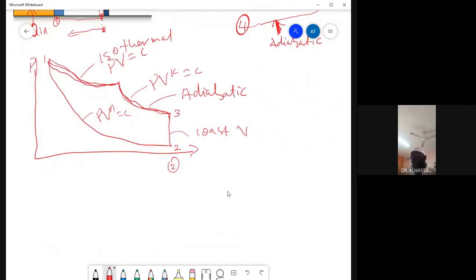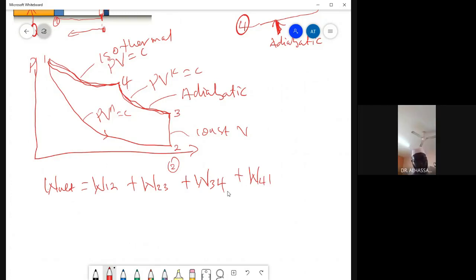So when we say net work, it means the net work W net is simply given by W, the total work done from state 1 to 2, plus 2 to 3, plus 3 to 4, and then we have plus W 4 to 1. Okay, W 4 to 1.